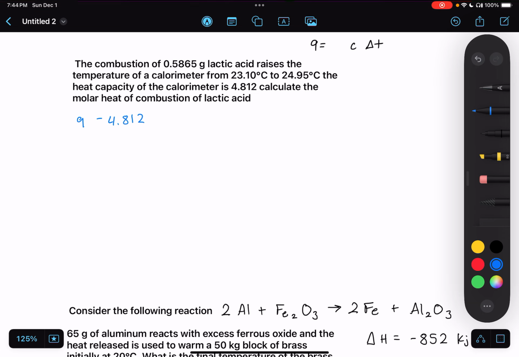So Q equals 4.812 times change in temperature, 24.95 minus 23.10. Okay, get 1.85.